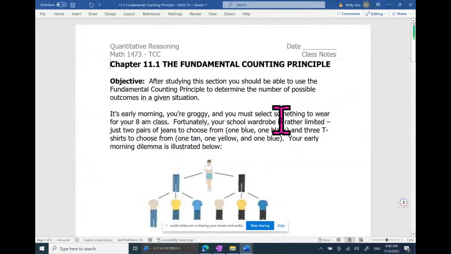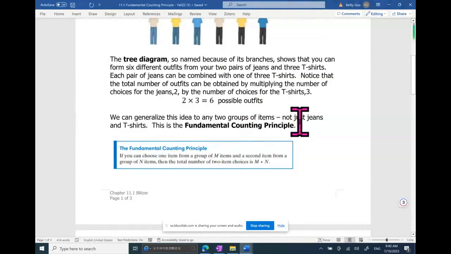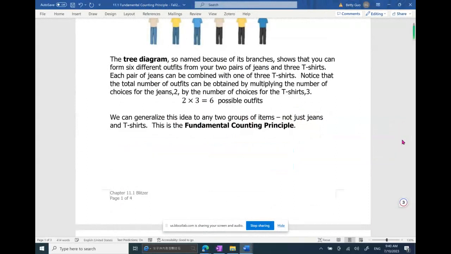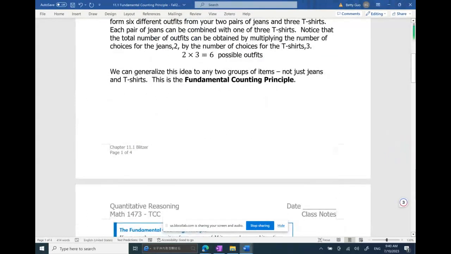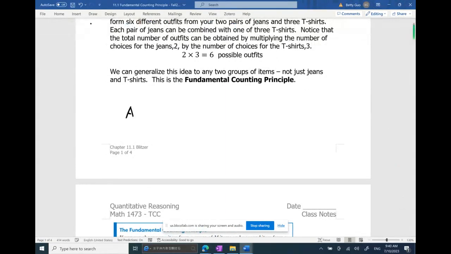And I want you to relate the fundamental counting principle to one example only. Let me show you my example. Let's say you need to go from city A to city B and then to city C. Or you need to go from A to C passing through B. And we know from A to B we have two different routes.